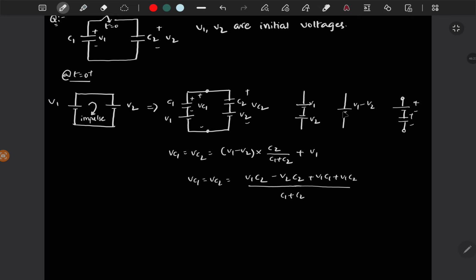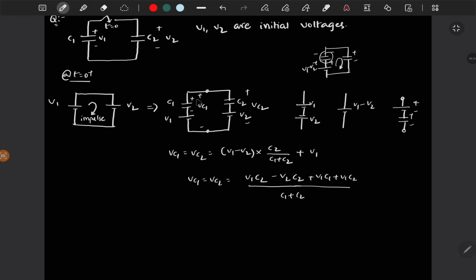Actually, we are considering V1 minus V2 as the equivalent voltage, right? So if V1 minus V2 is the equivalent voltage and you have both the capacitors, since this is in this polarity, if you find the voltage, then you will get it in this polarity, right? Because it will charge in this direction, you will get this voltage V1 minus V2 into C2 by C1 plus C2 across this capacitor in this polarity.